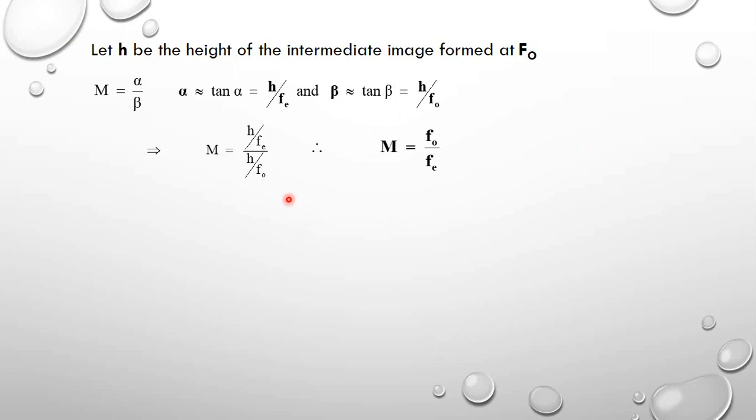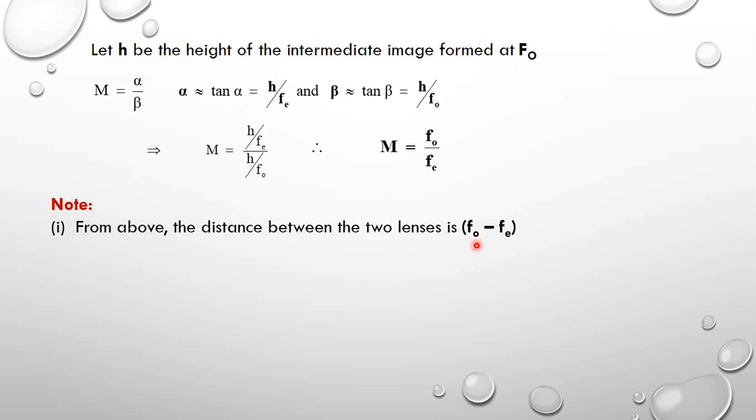Let's make some notes here. When you look at the ray diagram, first of all, the distance between the lenses is f0 minus fe.